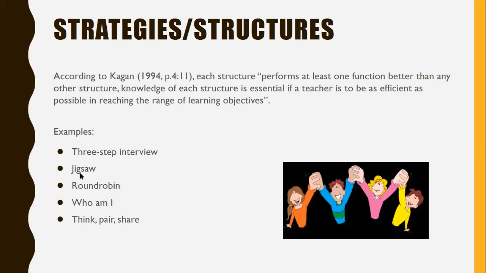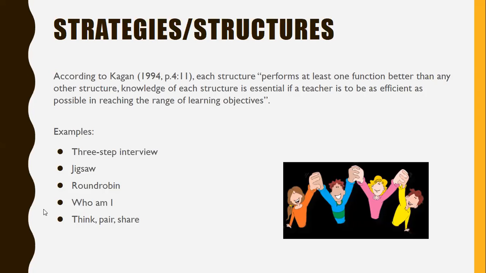Round robin is taking turns to do a specific task, or to share a specific answer to a question. This is focused on taking turns to talk, or taking turns to present something. You have another one that is Who Am I, which is a guessing exercise.